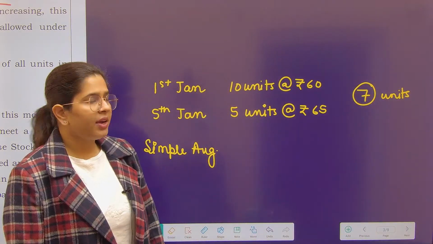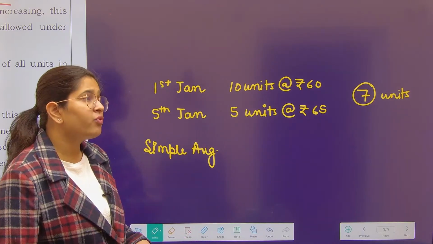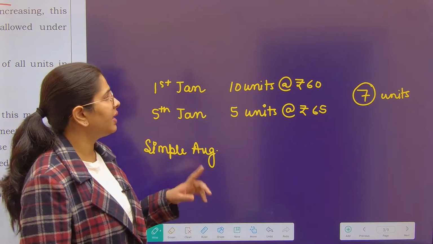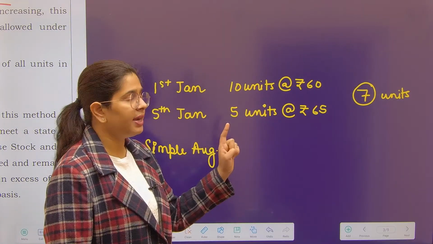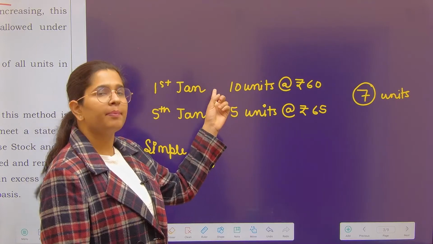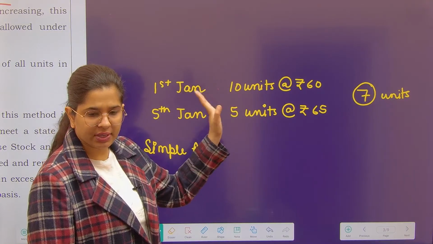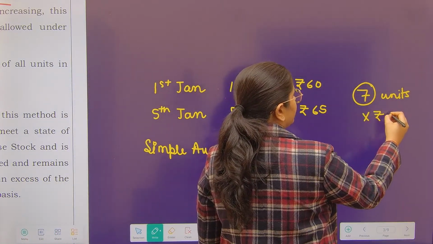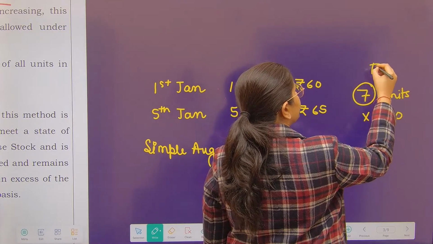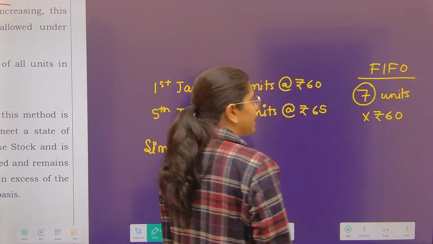Someone asked me what the valuation for these 7 units is. If I am following the first in first out method, I should be using maida bags out of the units that I received first. So the valuation of these will be 60 rupees. This is as per the FIFO method, that is, first in first out.